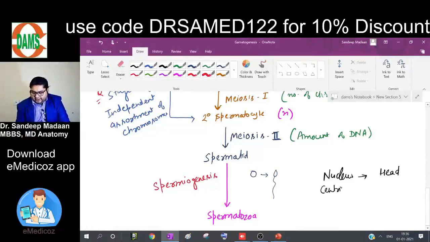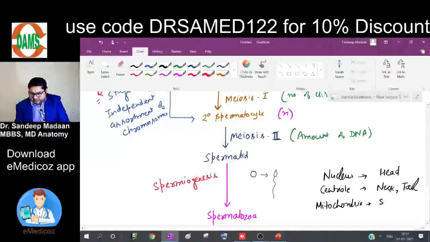One of the centrioles will make the neck and the other will make the tail. The middle piece is made by the mitochondria, which arrange in the form of a spiral and make the middle piece.